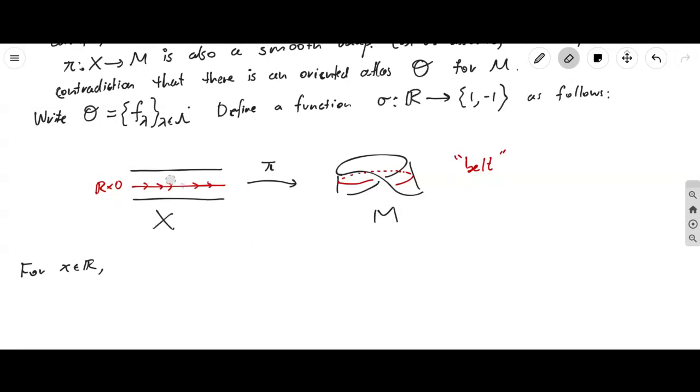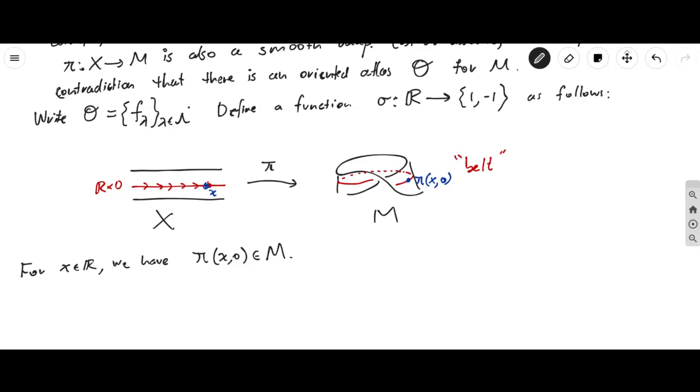So I'm going to pick a real number somewhere along that strip, right? I pick an x, lowercase x. So that makes me end up somewhere on the Mobius band. Now the actual location is going to be pi(x, 0), because we have to understand that on the actual band, the vertical coordinate is equal to 0. So for x in R, we have that pi(x, 0) is a point on our Mobius band.